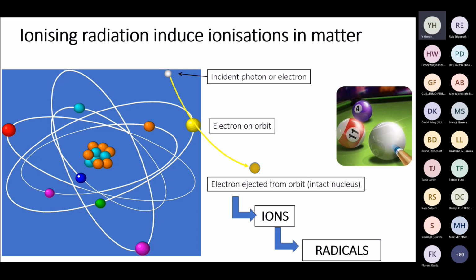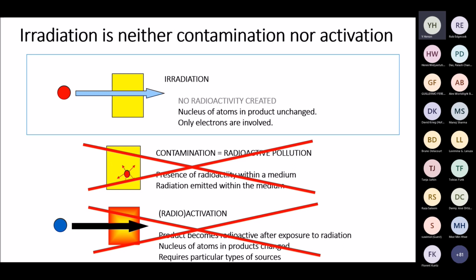From these ions, a number of changes and modifications will happen within the molecules, with the creation of very reactive species called radicals. So for the beginners, I want to clarify these different words when you read the newspapers, magazines, etc. It's awful how the different notions are confused. So we've been talking about irradiation here, and there is no radioactivity created.